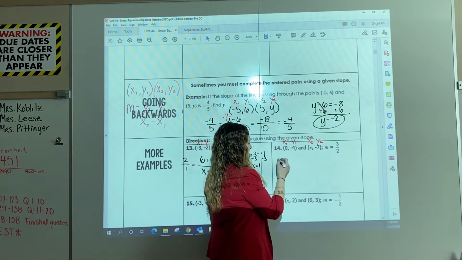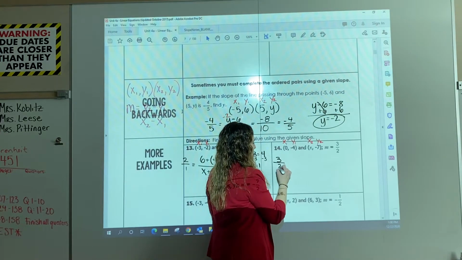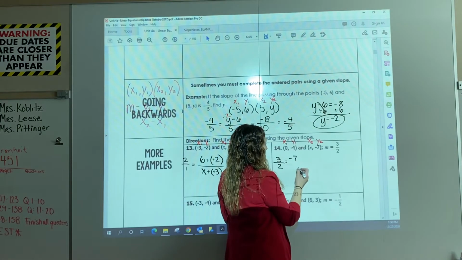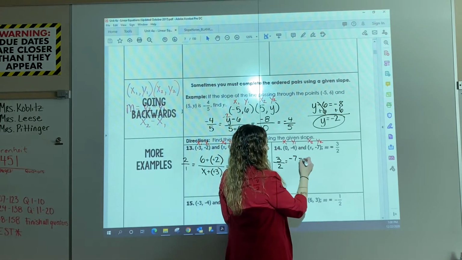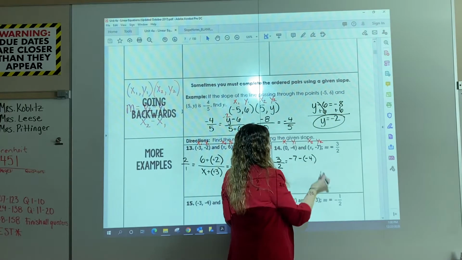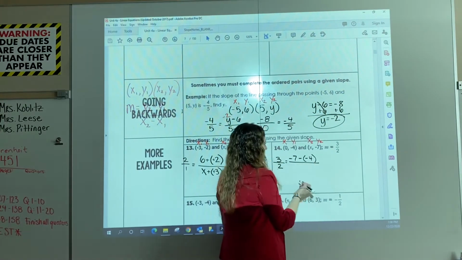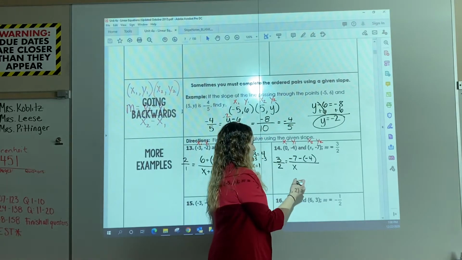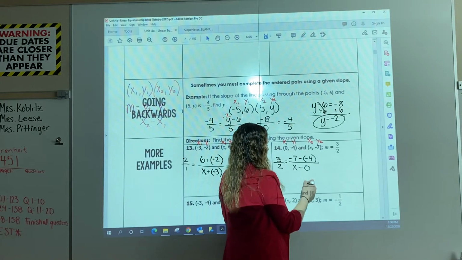Right here, they tell us that our slope is 3 over 2. So we have y2, -7, minus y1, which is minus negative 4, over x2, which is just our x, minus x1, which is 0.